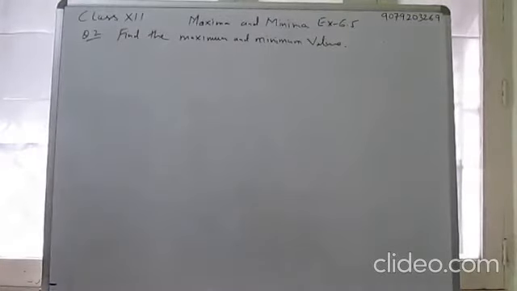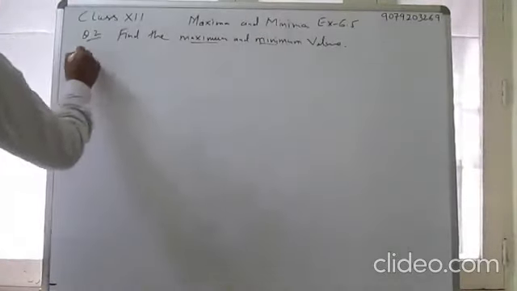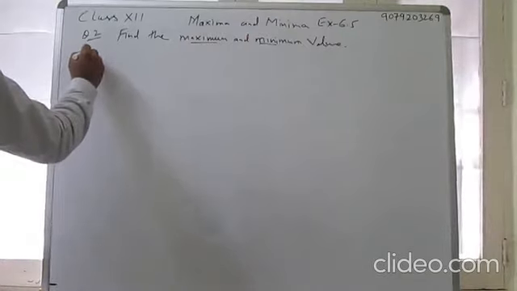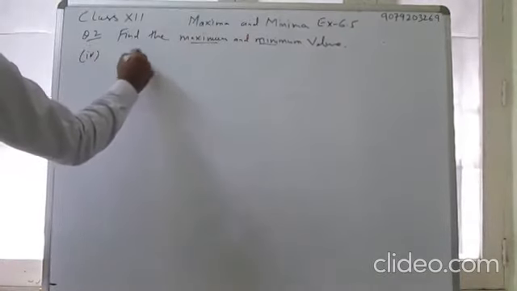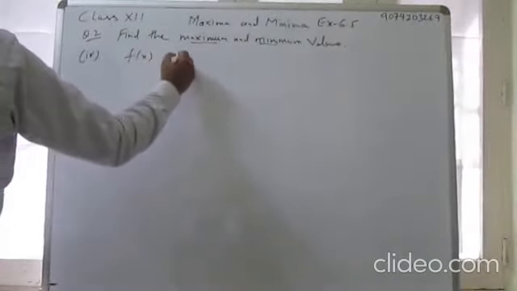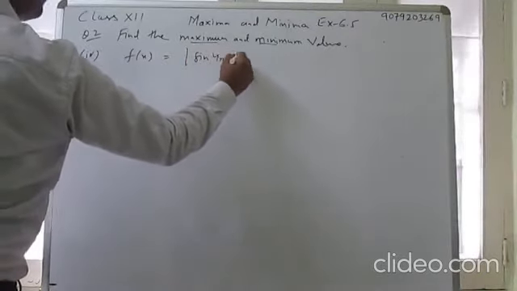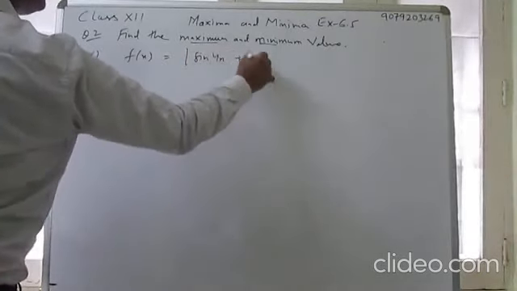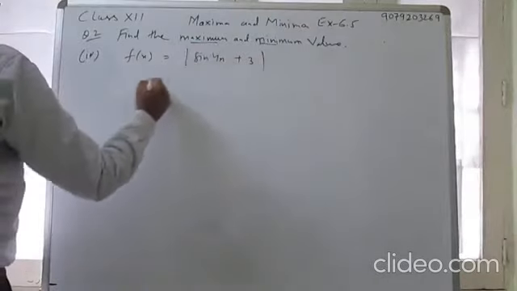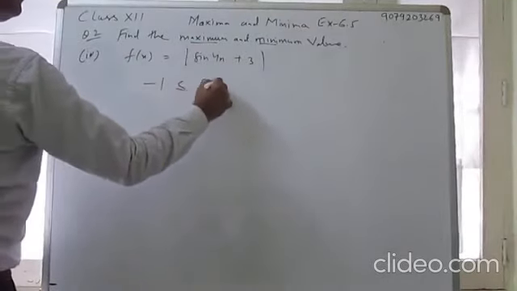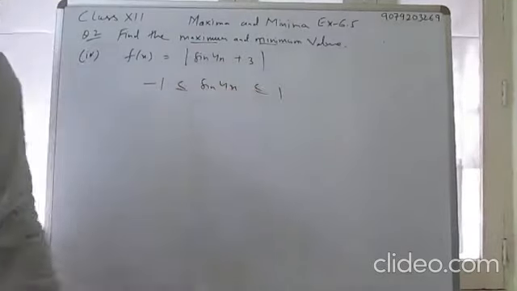Question 2. Find the maximum and minimum value. Fourth part is f(x) is equal to modulus of sin 4x plus 3. We know that sin 4x lies between minus 1 to 1.